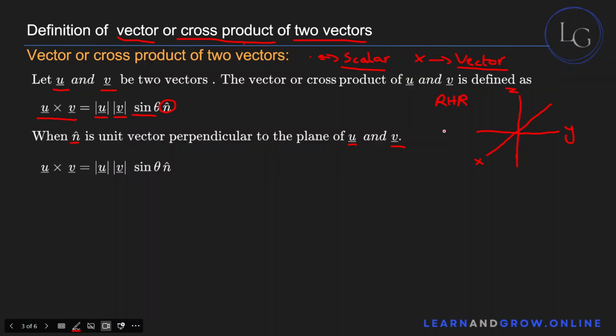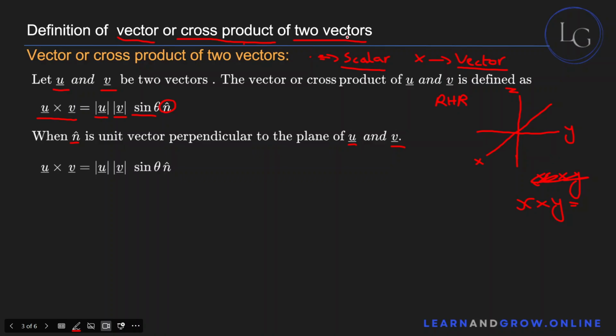What you do is you curl up your right hand with the thumb pointing out, right? Now, if it says that you have to find x cross y, that will give you the direction that the thumb is pointing towards.